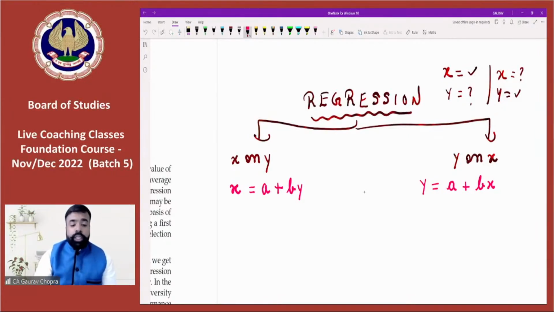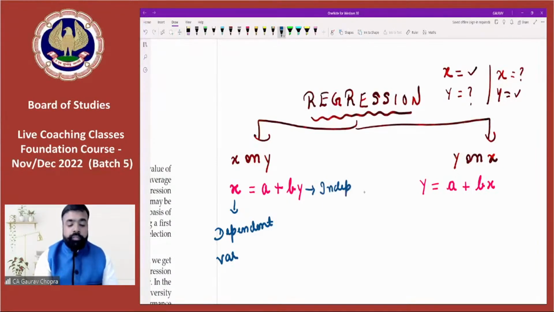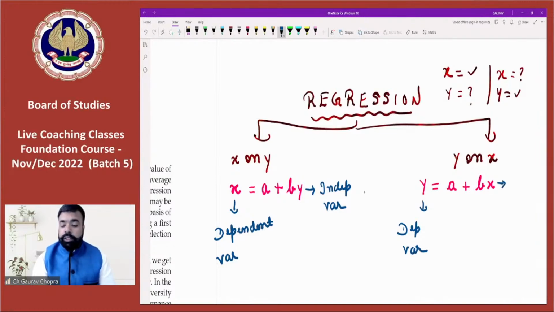Now, in this given equation, the x in x on y is the dependent variable, and y is known as the independent variable. Similarly, in y on x, the value of y is the dependent variable and x is known as the independent variable.